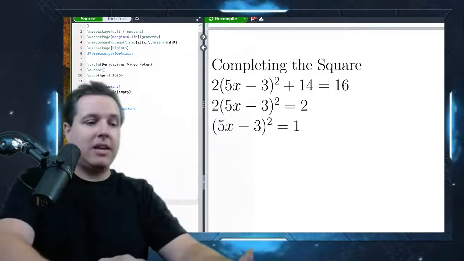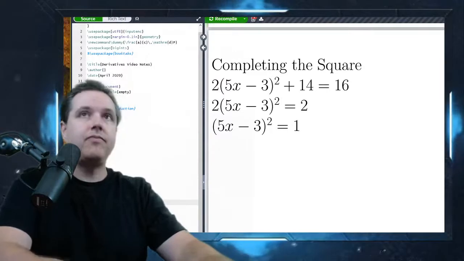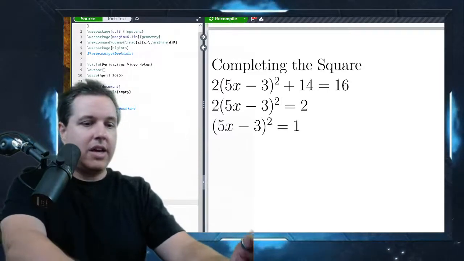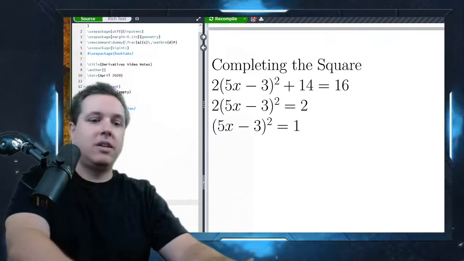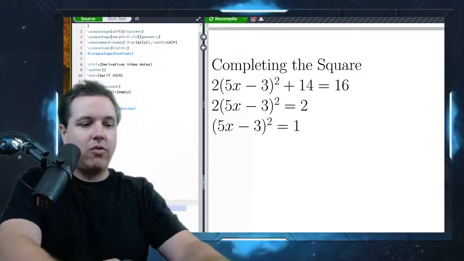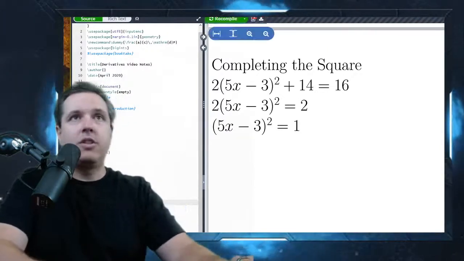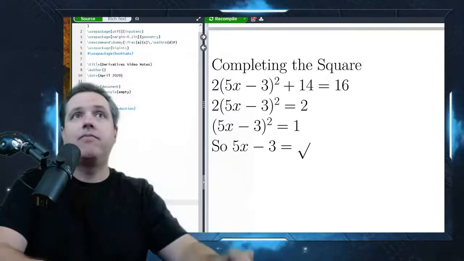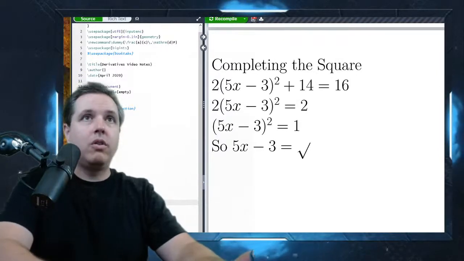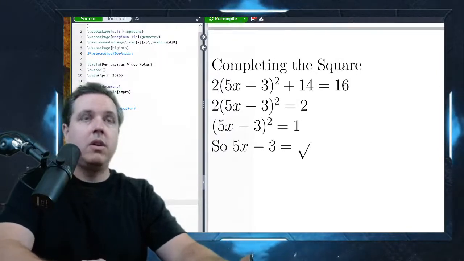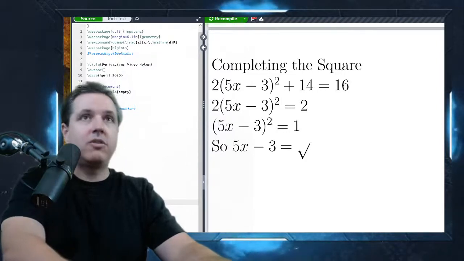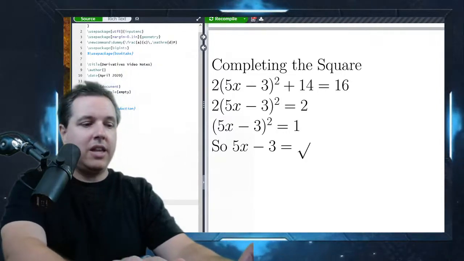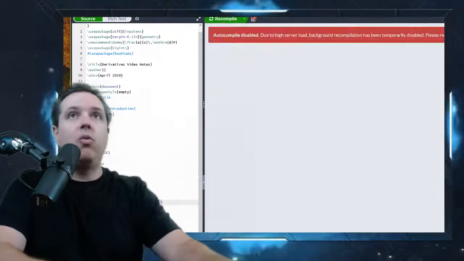So that would mean that 5x minus 3 equals the square root of 1, which is a pretty easy one to simplify, or 5x minus 3 equals negative square root of 1.